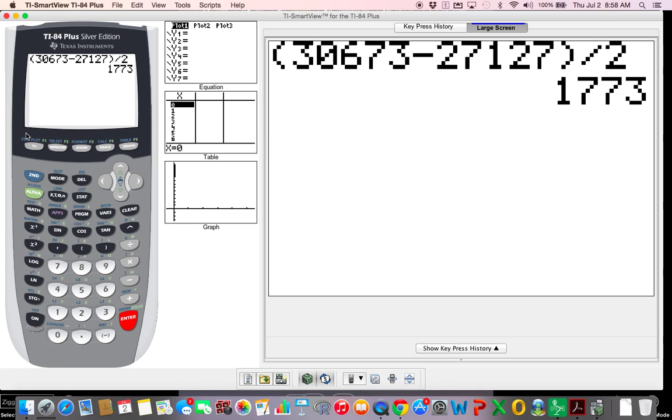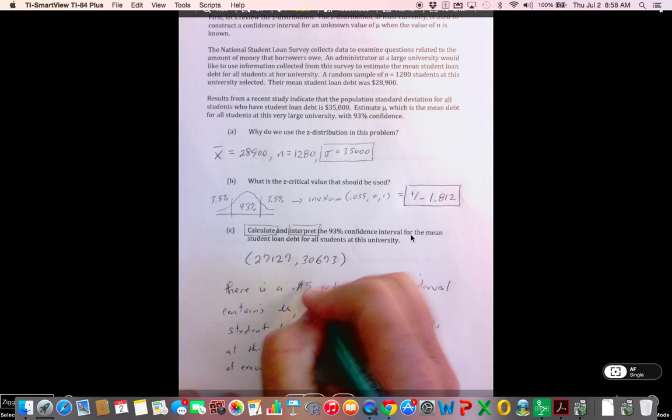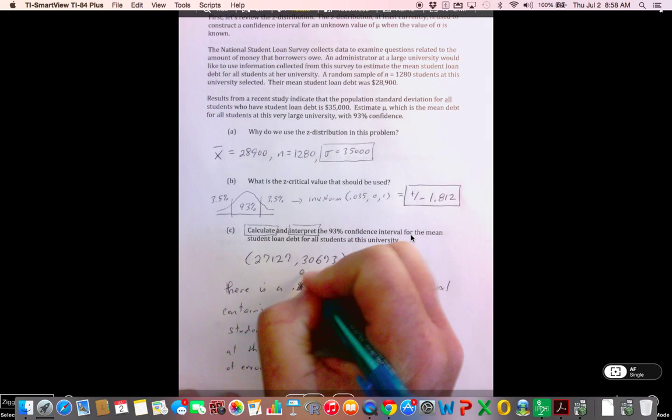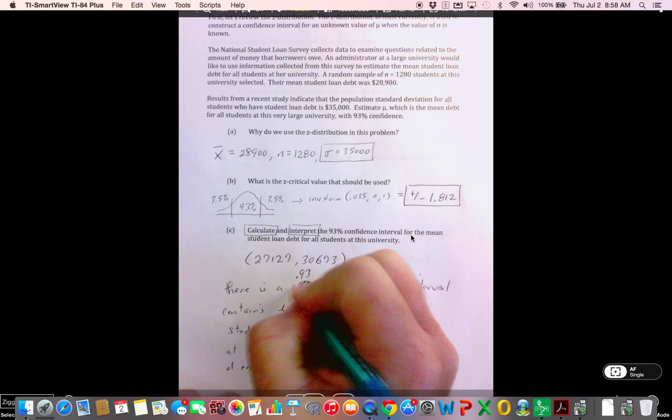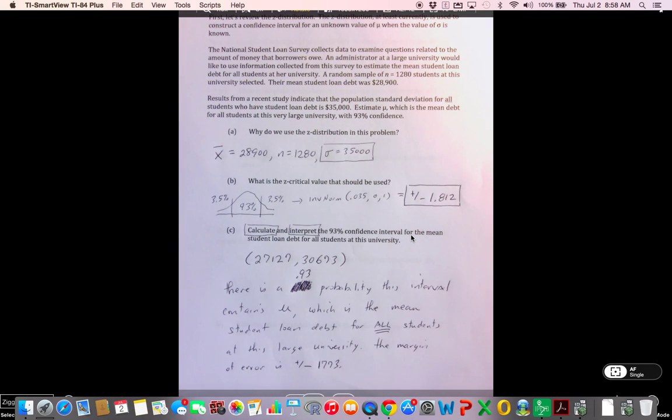So we have a 0.95 probability. Let me go back over. So I've just added that to the interpretation. So we're pretty sure with the point. Actually, it wasn't 0.95, was it? It's 0.93. Guys, by far the most commonly reported confidence level is 0.95. So I got sloppy here and just reported it.